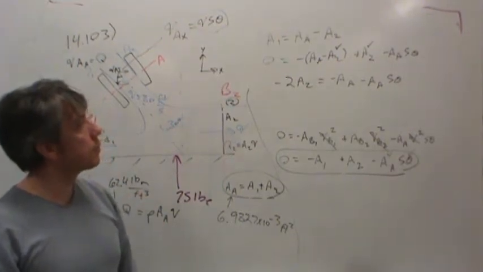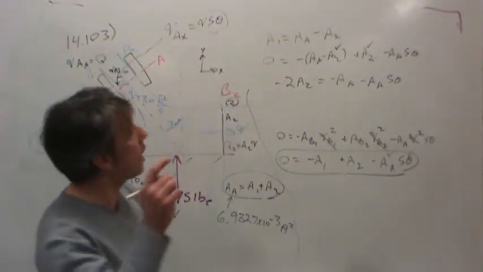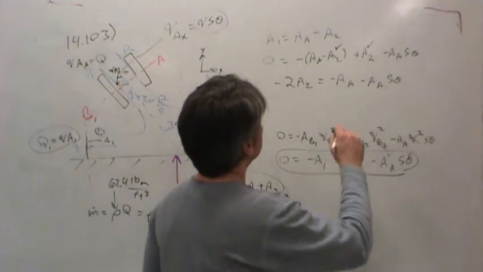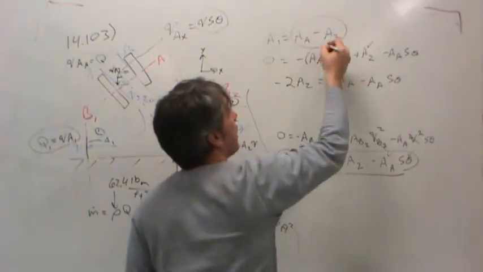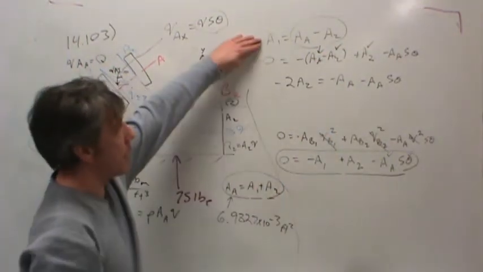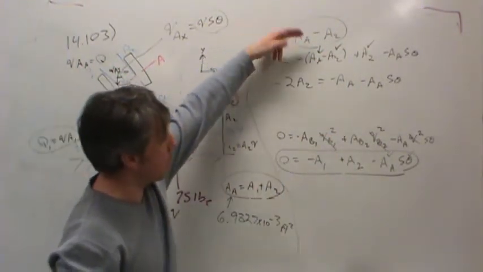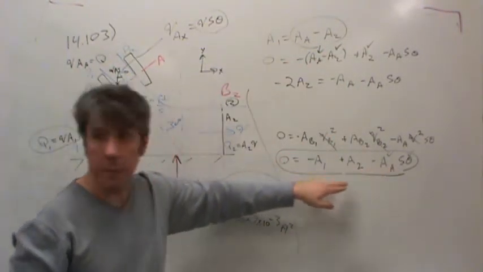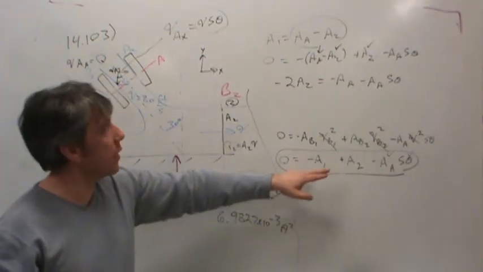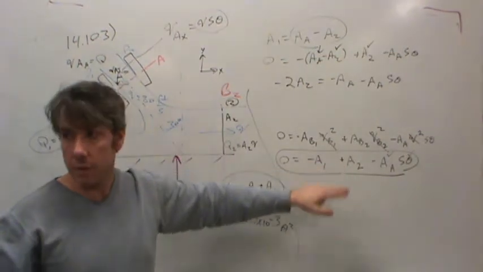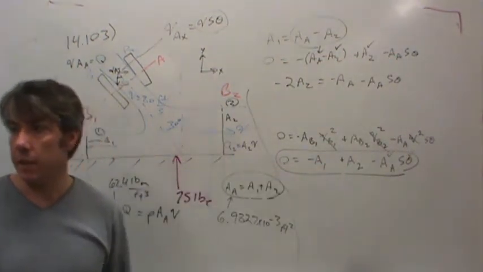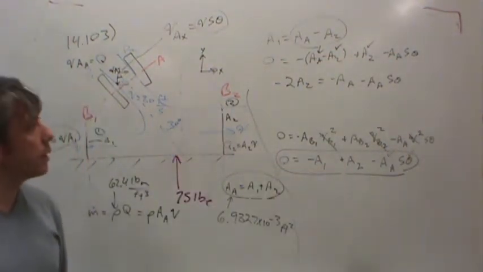Because if you look at the 0 equals negative A1 plus A2. Oh, plus, yeah. You're right. All I did is take this mass balance and plug it into the momentum balance. Good, so this negative is not that positive. That positive is this positive. Good question. Anything else? All right.